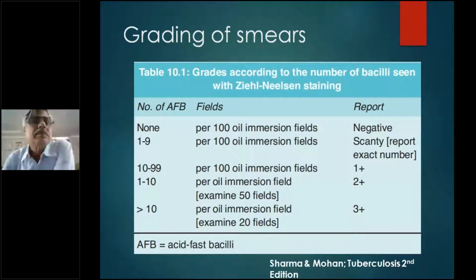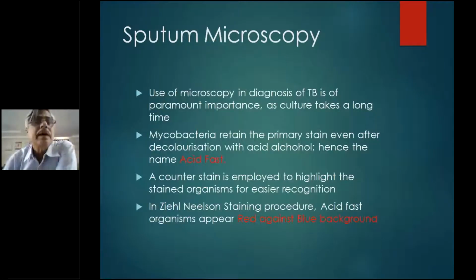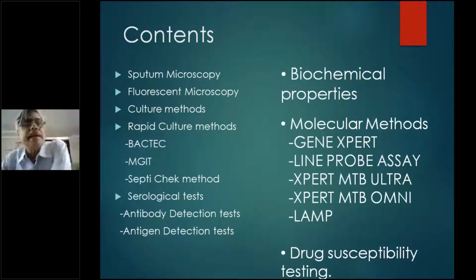Culture, I told you, will take at least 6 to 8 weeks. I also told you the various types: culture methods and molecular methods. Routine culture, that is Lowenstein-Jensen medium, takes at least 6 to 8 weeks. Then there is liquid culture like BACTEC and MGIT that will give results.